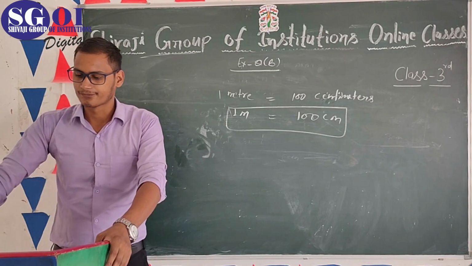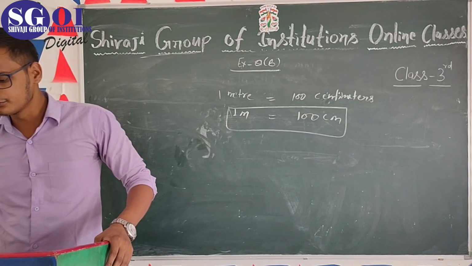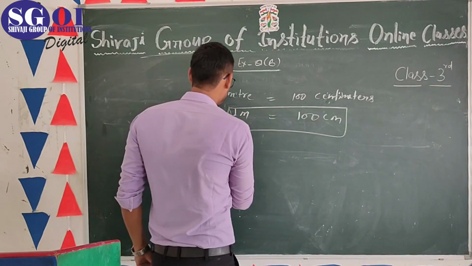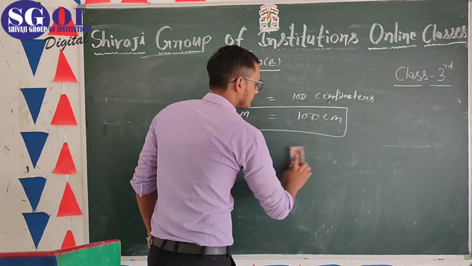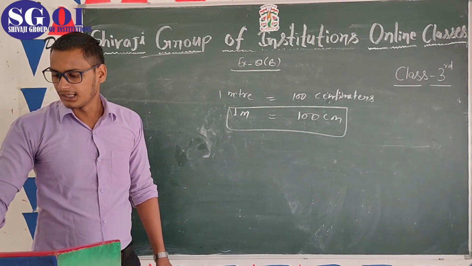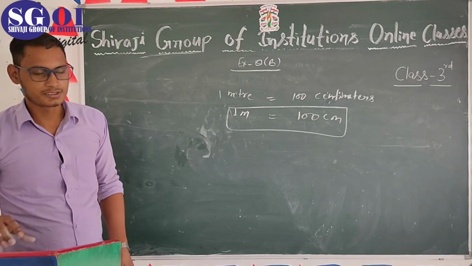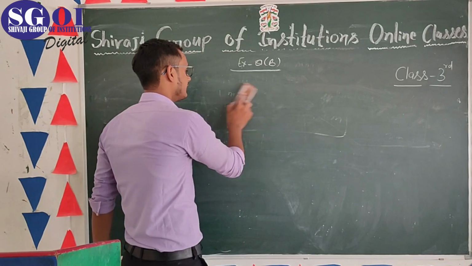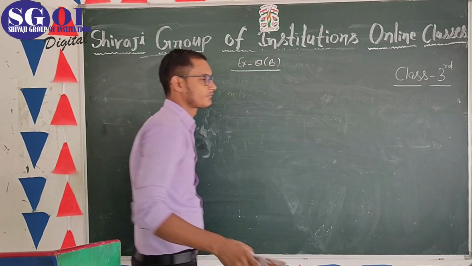Question A. Convert the following lengths into centimeters. The lengths are given in meter, and we have to convert all the lengths into centimeters.